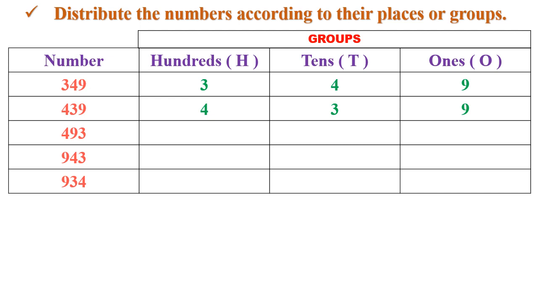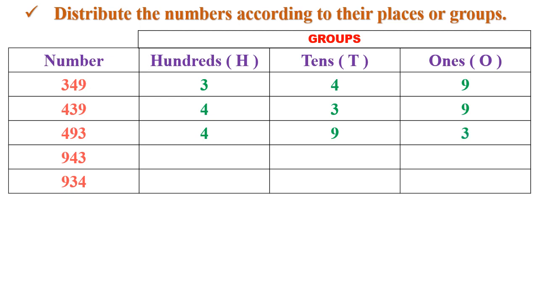Now another number is 493. Now see here, 4 in the place of hundreds, 9 in the place of tens and 3 in the place of ones.